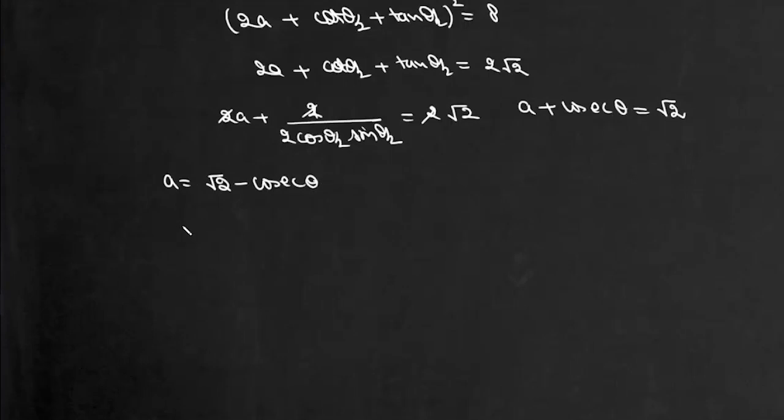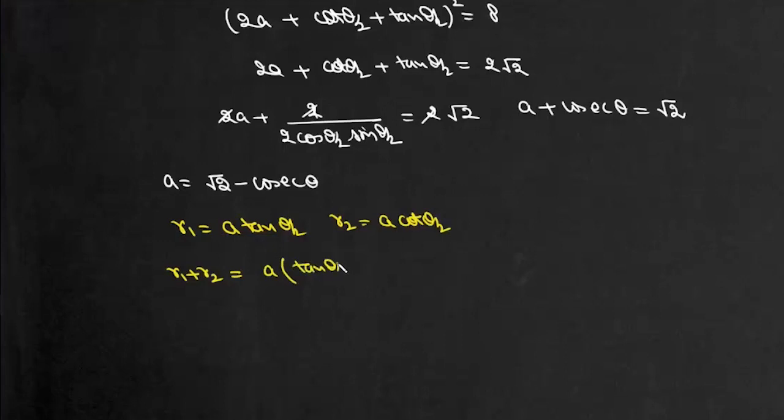cosec theta. Now we already know r1 is a tan theta by 2 and r2 is a cot theta by 2. We have to find maximum value of r1 plus r2. So it will be this a and then tan theta by 2 plus cot theta by 2. Now again we'll change it in sine and cos. So it will be this 1 upon sine theta by 2 cos theta by 2.